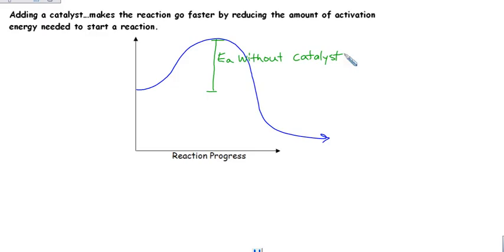A catalyst makes a reaction go faster by lowering the activation energy required to get the thing started. So if you don't have to add as much energy to start the reaction, it should go a lot faster. So maybe with a catalyst, my graph might look something like this.